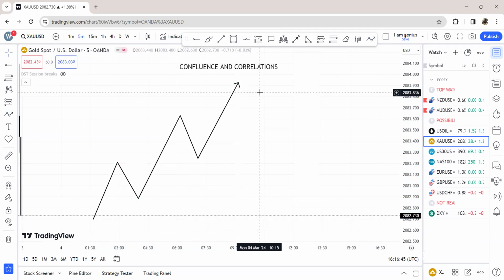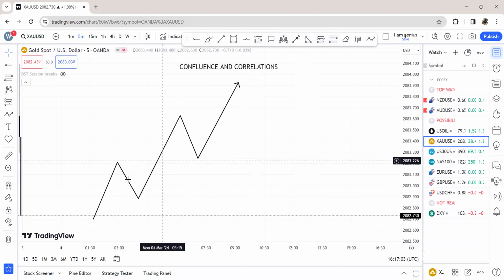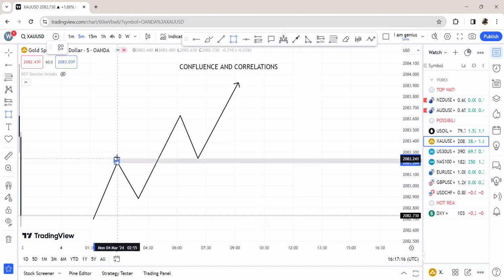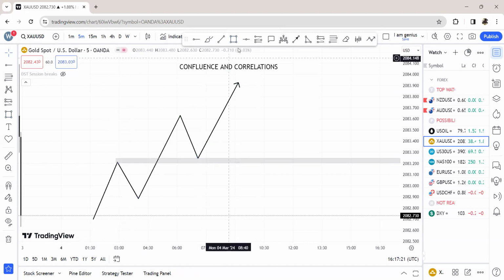Okay, so what we mean when we say confluences, you just have a lot of indicators. By indicators, I just mean things that you are looking out for have converged at one specific point. For instance, if my bias is that this market is trending to the upside, then I want to take a trade right around here. You notice that that same level was the previous resistance that has become support.